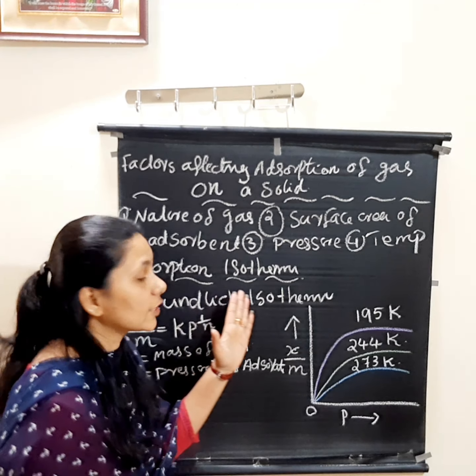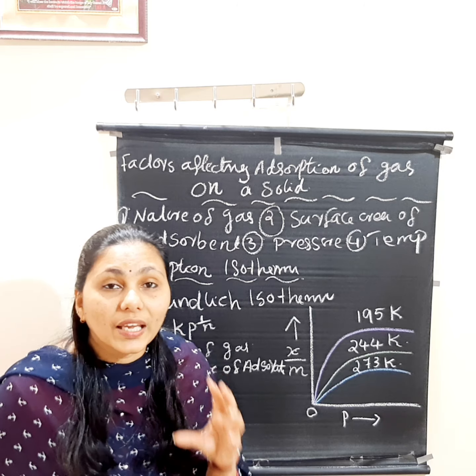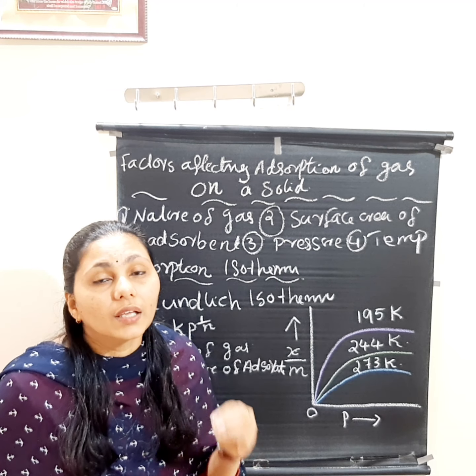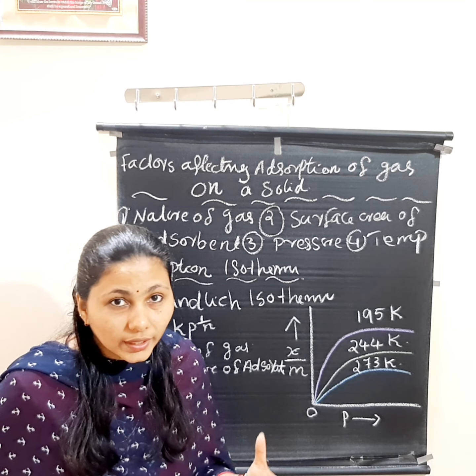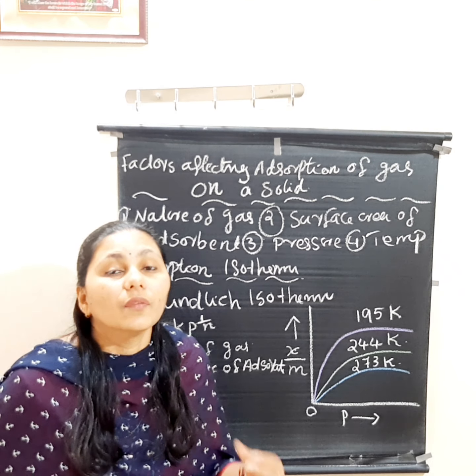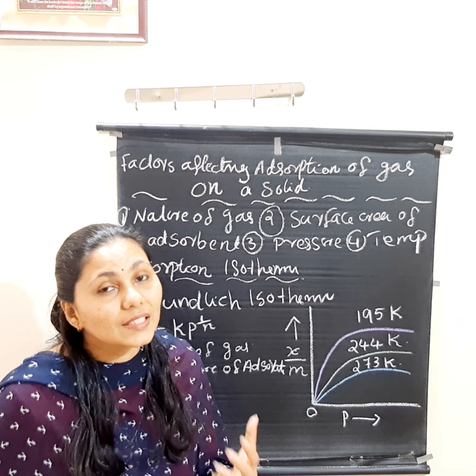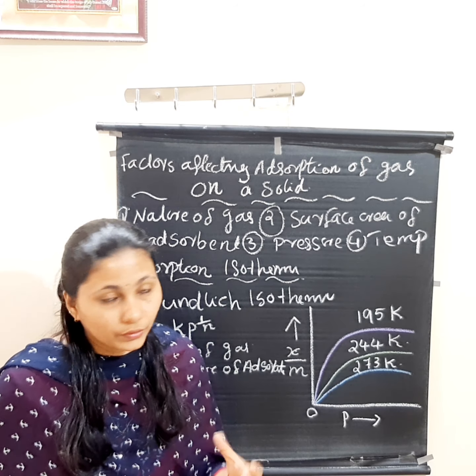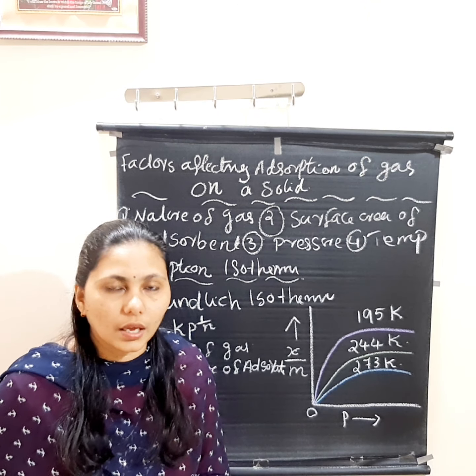So what is adsorption isotherm? The variation in the amount of gas adsorbed on a solid adsorbent with pressure at constant temperature, given by a curve, is known as adsorption isotherm.